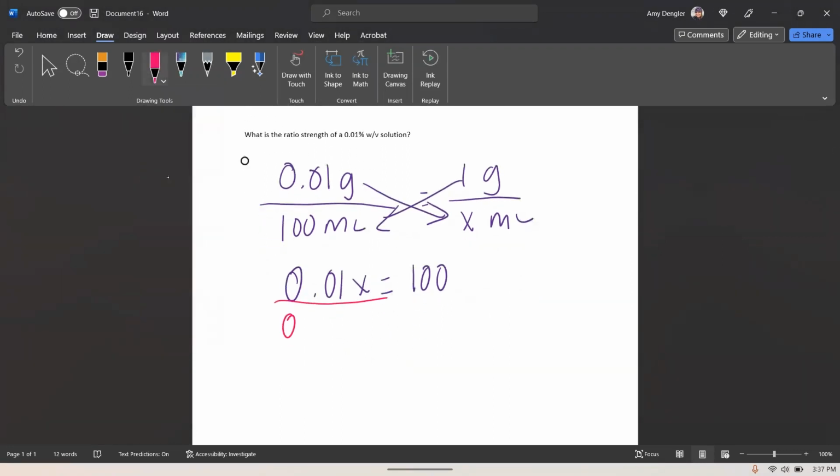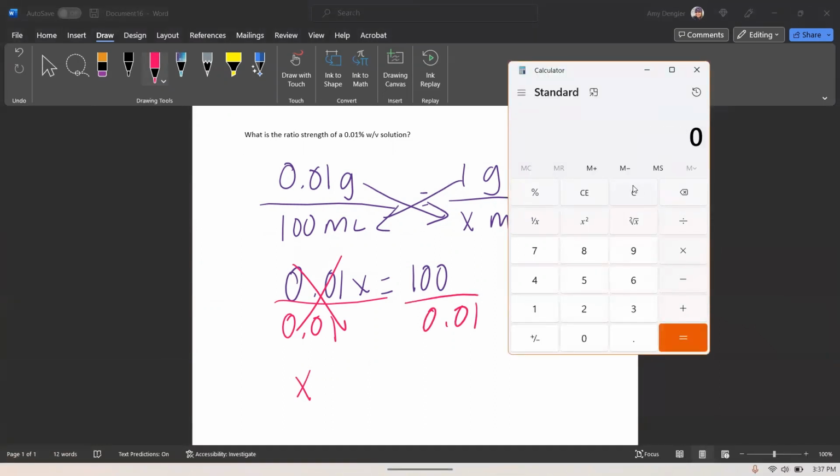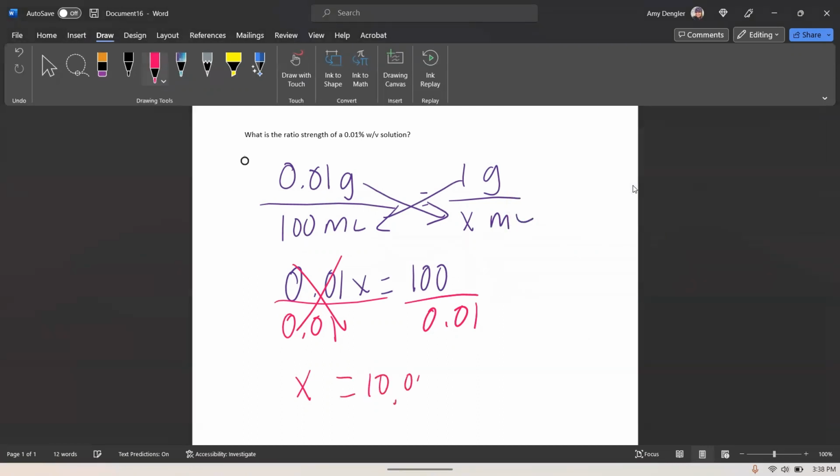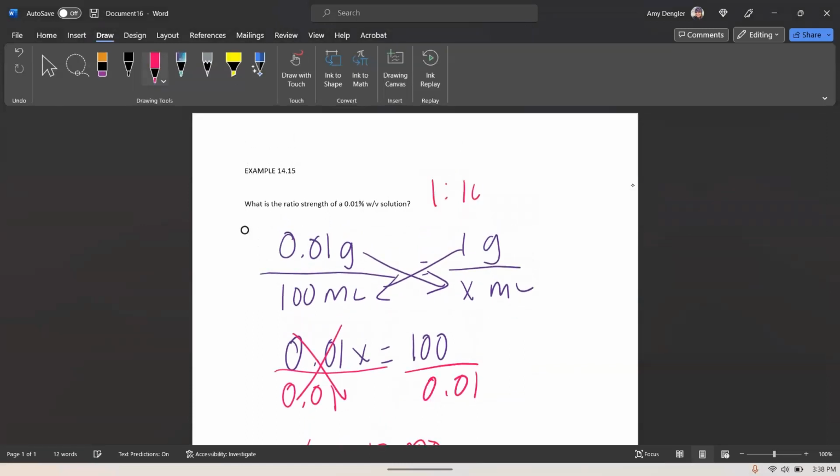I want to get x alone, so I need to divide this side by 0.01, also this side by 0.01. So 100 divided by 0.01 is 10,000. So our ratio strength is 1 to 10,000.